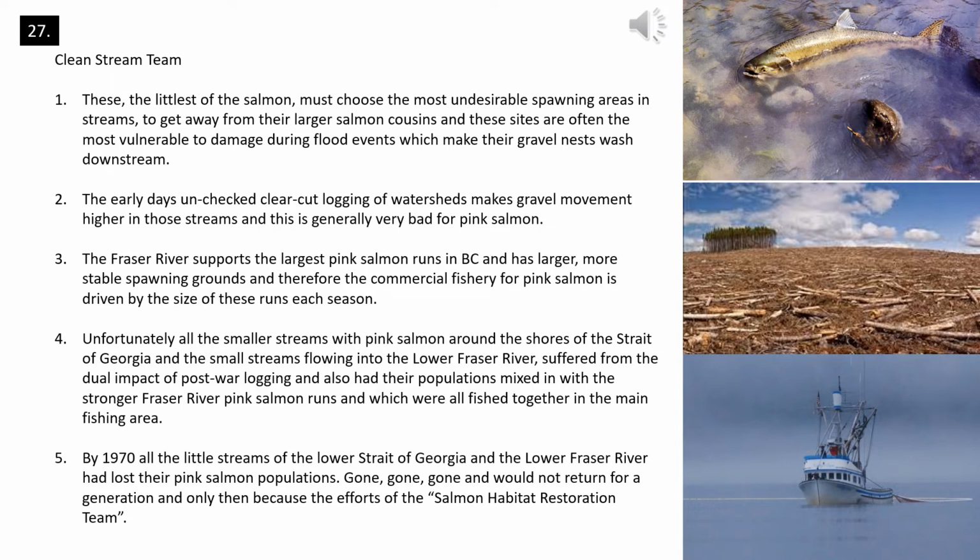Fortunately, unfortunately, these fish were targeted for commercial fishery every 2 years, and the intensity of the fishery was driven by how many pinks were coming back to the Fraser River. But what this meant is all the little streams around Georgia Strait and the lower Fraser River, which had suffered these impacts of post-war logging and land development, were mixed in with the stronger pink salmon runs and were fished all together in the main fishing area.